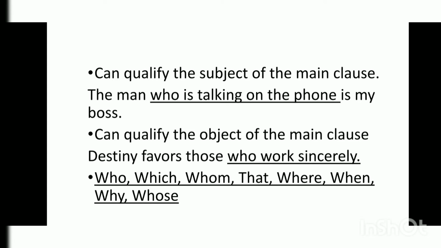The second, the man who is talking on the phone. So who is talking on the phone cannot be fulfilled without the man is my boss. So who is talking on the phone is the relative or adjective clause, and the man is my boss is the main clause. So you can see that the adjective clause qualifies the noun in the main clause.